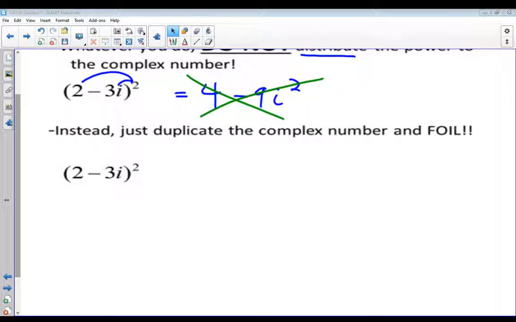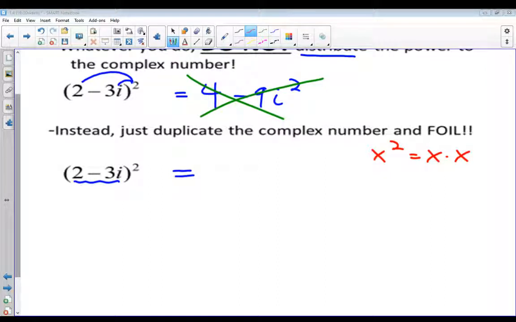What you have to do instead is duplicate the complex number and then FOIL. So in other words, just like x squared is x times itself, the blob squared over here is going to be the blob times itself.